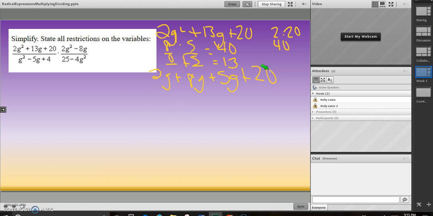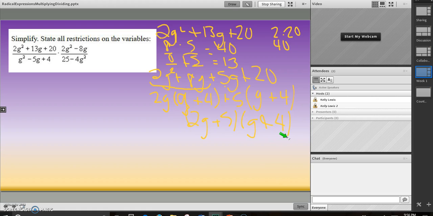All right, now there's 4 terms, so I'm going to do this guy. So 2g, so I have a 1 plus g squared. I have a g plus 4. This is going to be g plus 4. And if this was a 5g and I have a g left, I took out a 5. So he's really 2g plus 5. This is g plus 4.